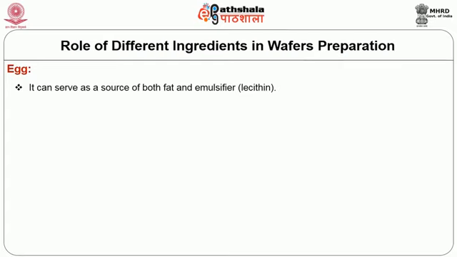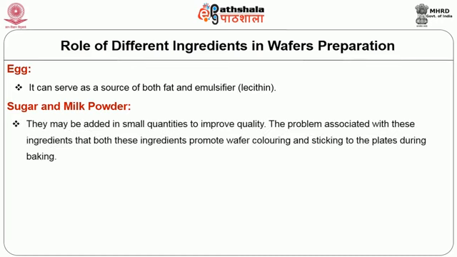Now, the next ingredients are sugar and milk powder. These ingredients may be added in small quantities to improve the quality. The problem associated with these ingredients is that both promote wafer coloring and sticking to the plates during baking.